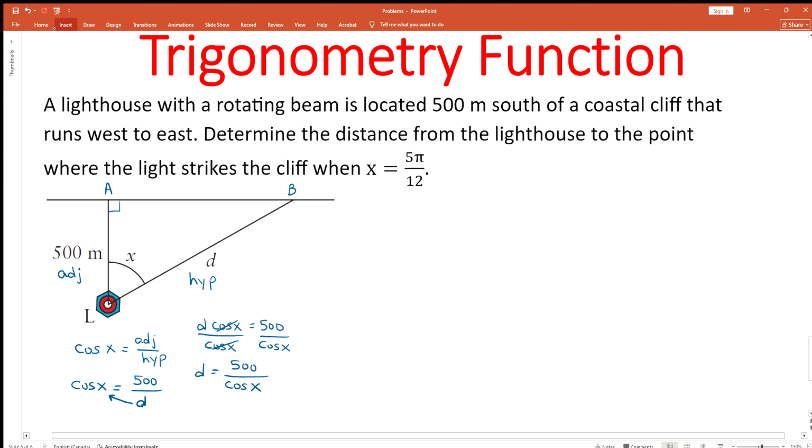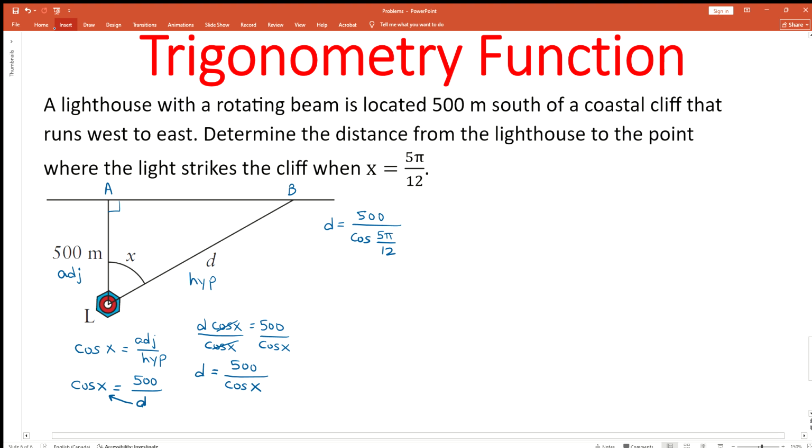We have to find the value of D when x is 5 pi over 12. So next we can sub in x as 5 pi over 12. Now we have to find the value of cos 5 pi over 12.